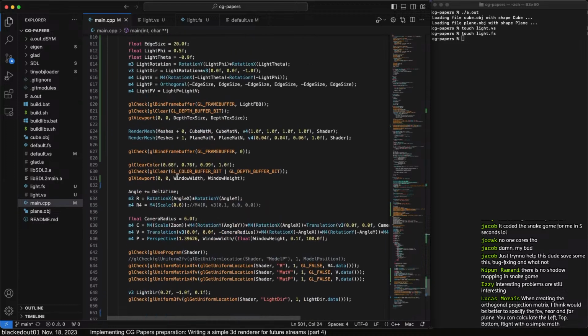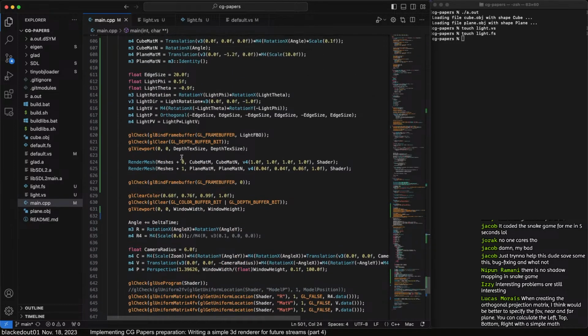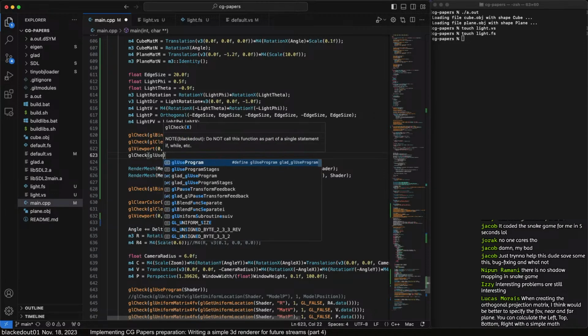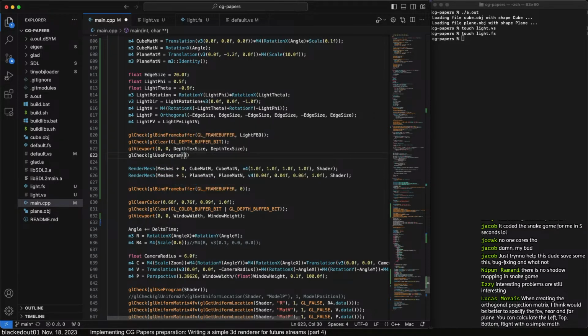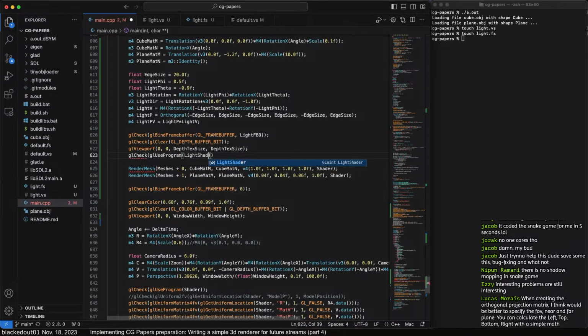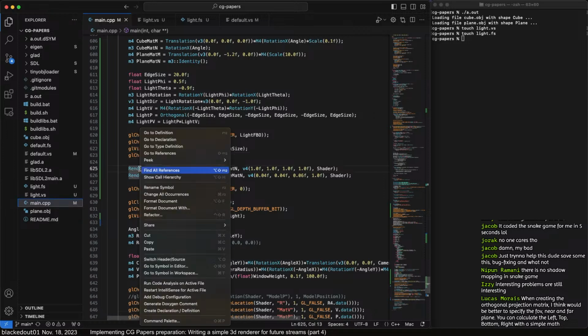And then we need to bind the light shader, for example, here. So when rendering the scene from the light's perspective, we want to use the light shader.